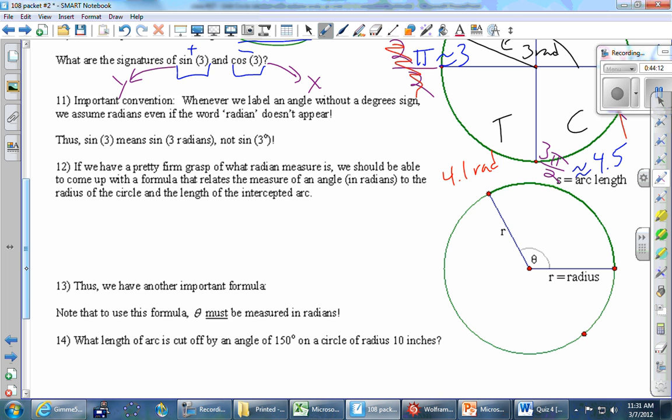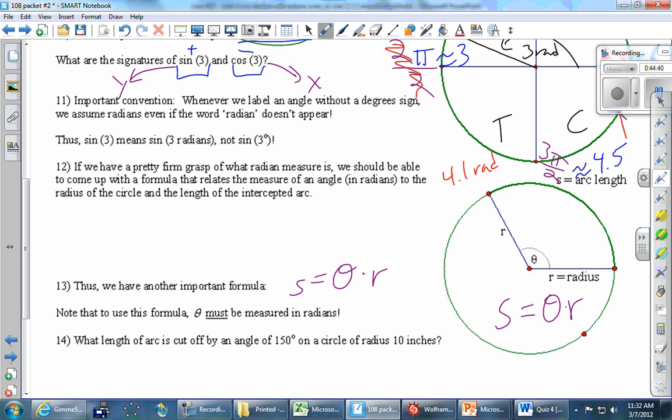Okay, this is the picture that we mentioned before, and the magical formula that we're going to use below is S is equal to theta times R. S is the arc length, R is the radius, theta is the angle. And so I suppose that's what I meant over here, S equals theta R. And then there's an important note.